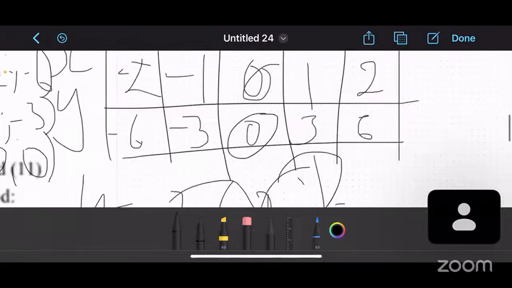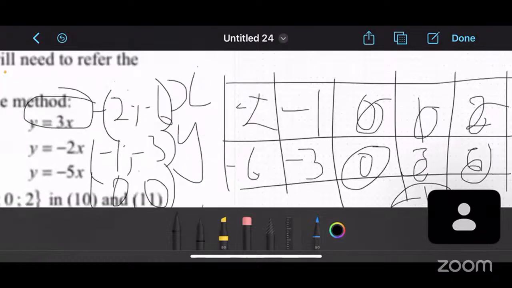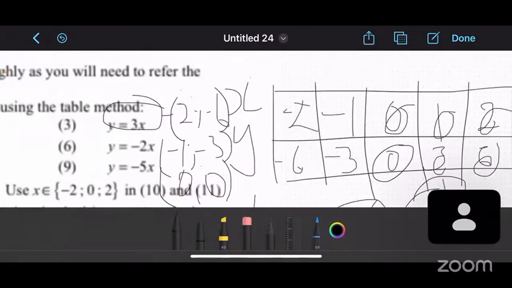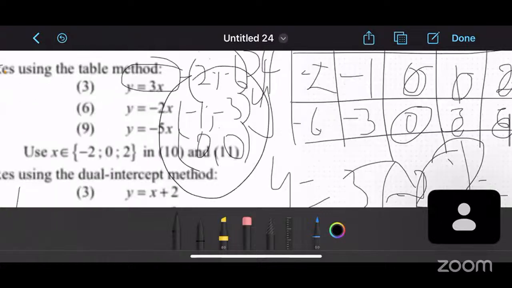And you're going to do the same thing for 1 and 3, 2 and 6. After doing that, you're going to go to your Cartesian plane and place the dots. These are your points. And after placing them, you connect them with a ruler to have your straight line graph.